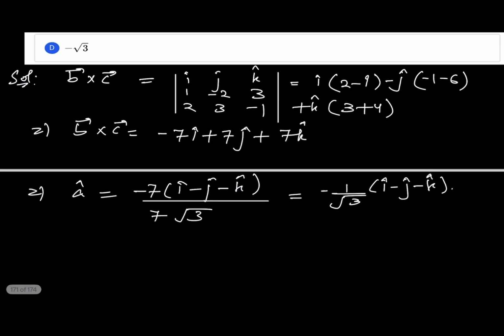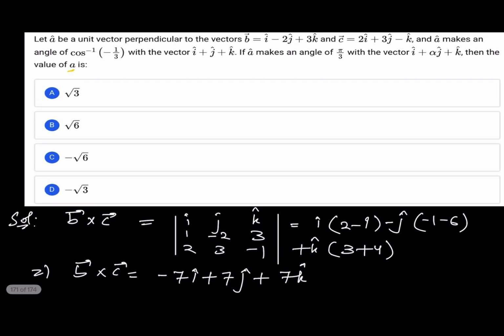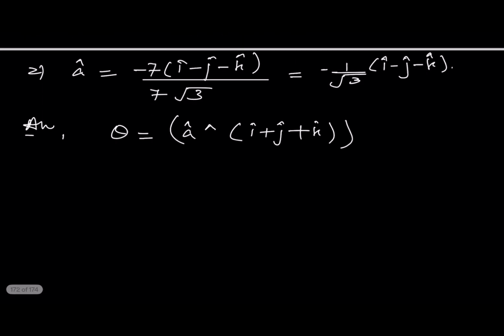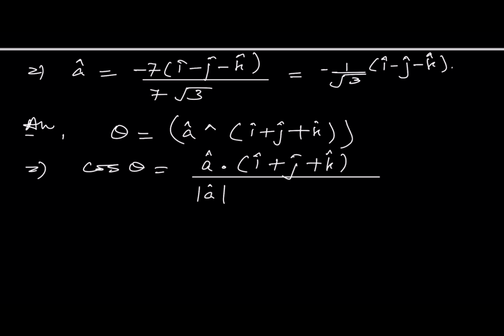Now it is also given that the angle between a cap and the vector i plus j plus k is cos inverse of minus 1 by 3. So theta is the angle between a cap and i cap plus j cap plus k cap, right? So cos theta would be a cap dot i plus j plus k upon mod of a cap into mod of i plus j plus k.